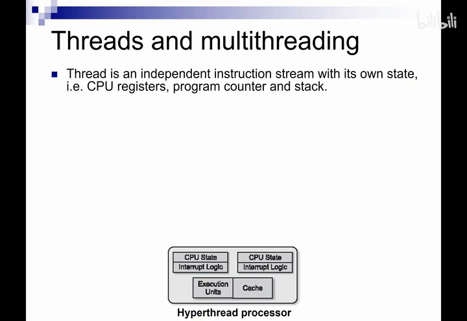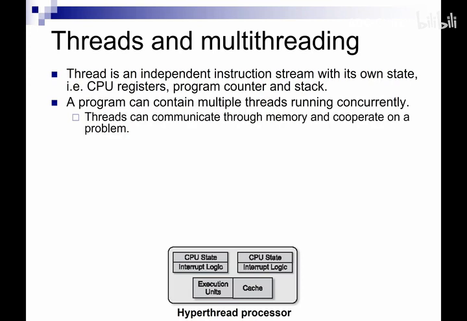In order to run multiple threads, you need to keep track of multiple thread states. Each thread needs to have its own set of registers and its own program counter and stack. Now a program can run multiple threads simultaneously, and because these threads are running on the same processor, they can communicate either through the memory or through the cache, and they can cooperate on a problem.